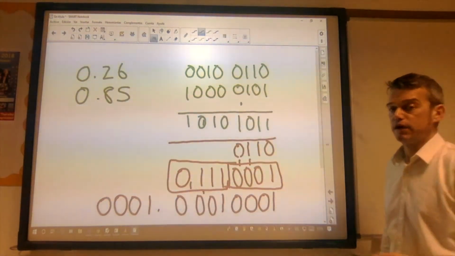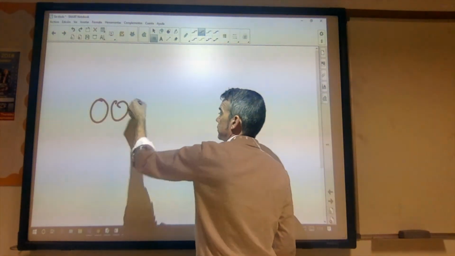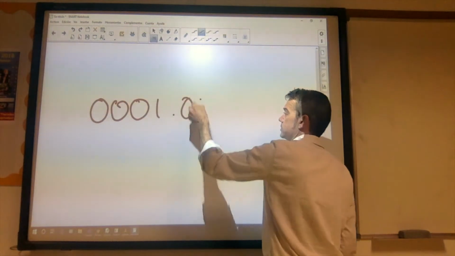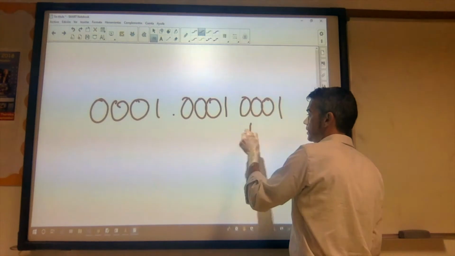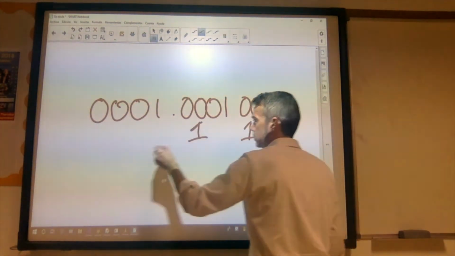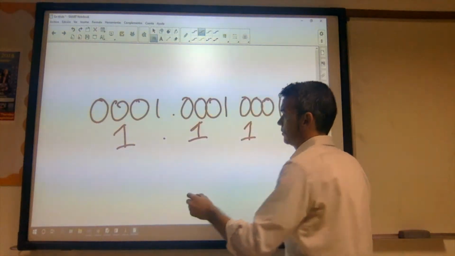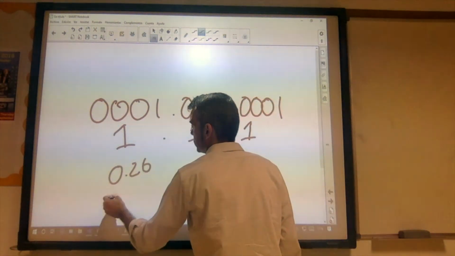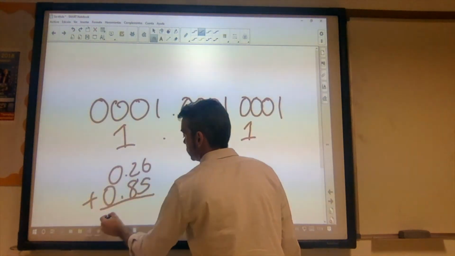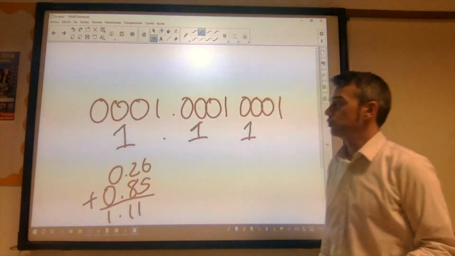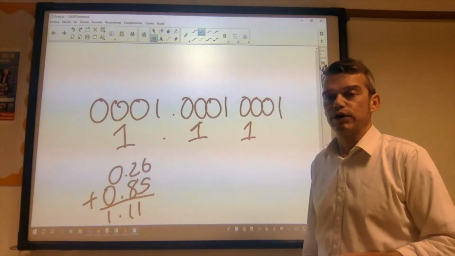So now we have a binary number 0001, 0001, 0001, which, if my arithmetic is correct, means 0.26 plus 0.85 will indeed equal 1.11 pounds, euros, dollars, whatever you're working with.